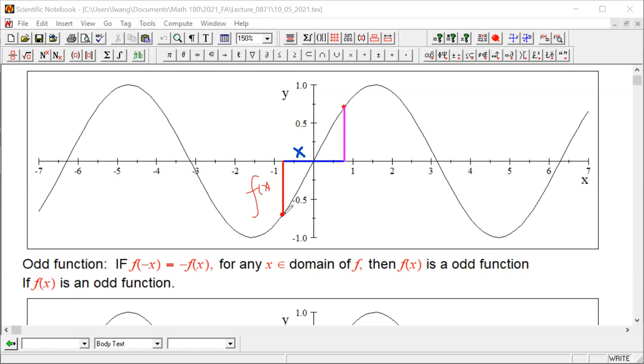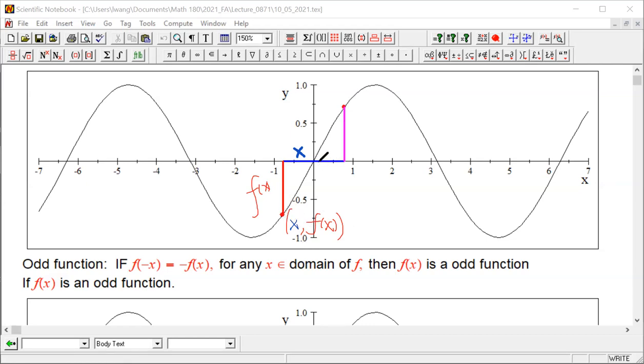And this point has the coordinates of input, output. To be perfectly coordinated, I will use the blue. These manipulations are a little bit tricky. So this is the input and that's the output. So that's the point on the curve.